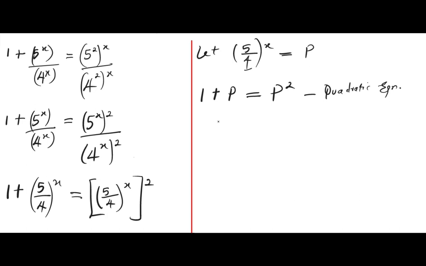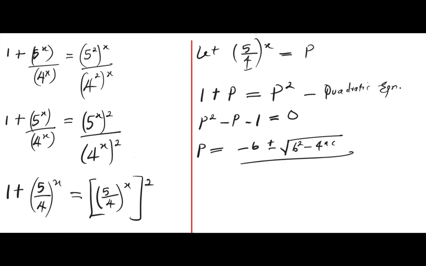Let's rearrange this equation. We have p squared, this will come over to this side, minus p, this will come over to this side, minus 1 equals 0. Let's use the formula method to solve it. So you have p equals negative b plus or minus root of b squared minus 4ac divided by 2a.